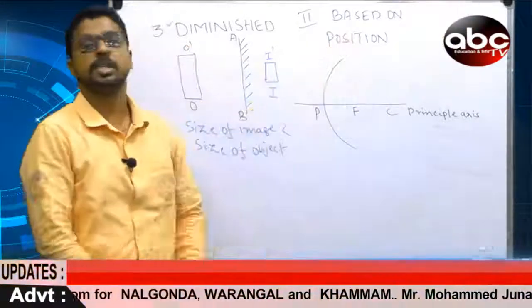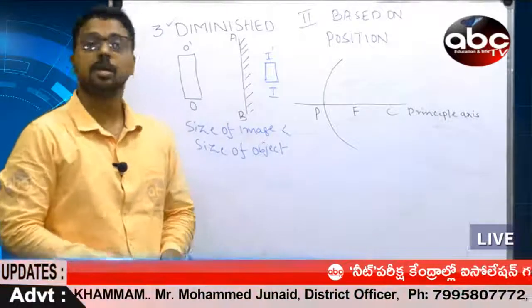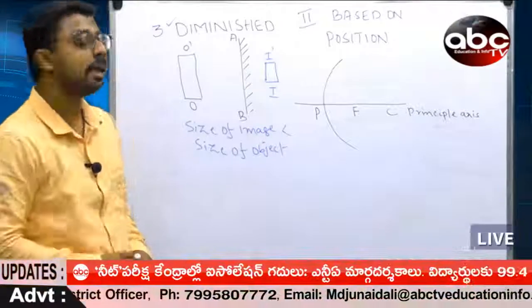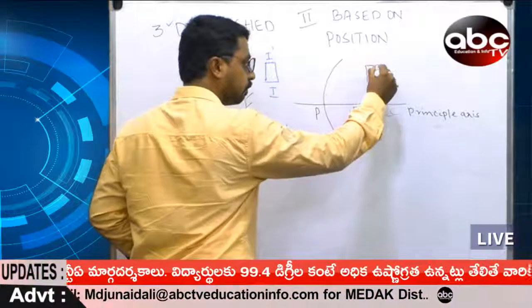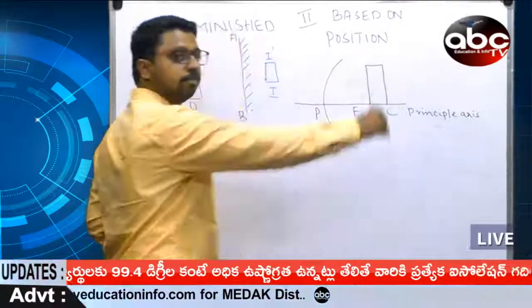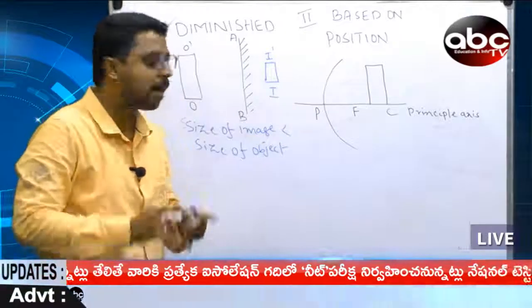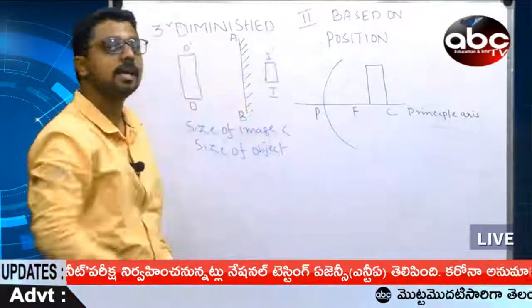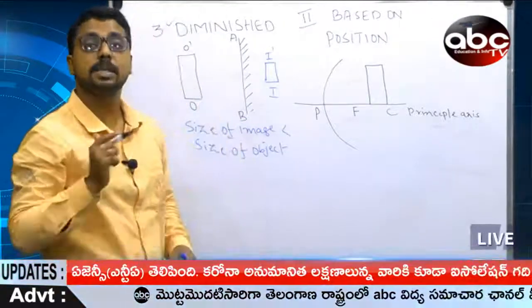Based on the position, we have two types of images. What are they? Let us find out. I have obtained an image above the principal axis.